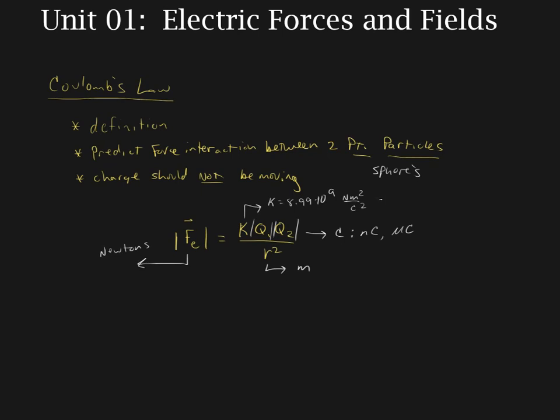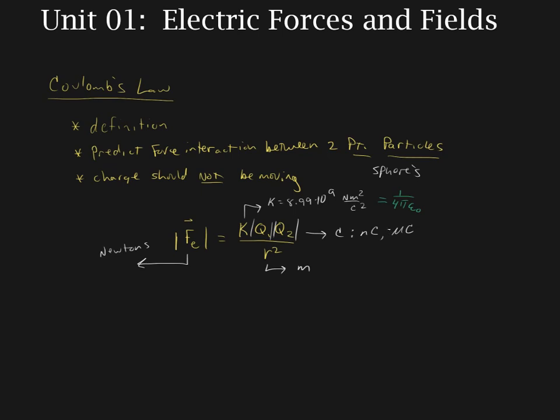K is further defined by 1 over 4 pi epsilon naught. And this is an important representation of K, Coulomb's constant, whenever we get into capacitors. And so this epsilon naught thing is actually important to us. It saves us some effort, and it kind of shows up in our definitions.